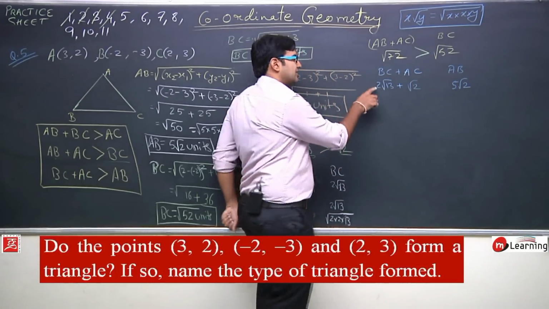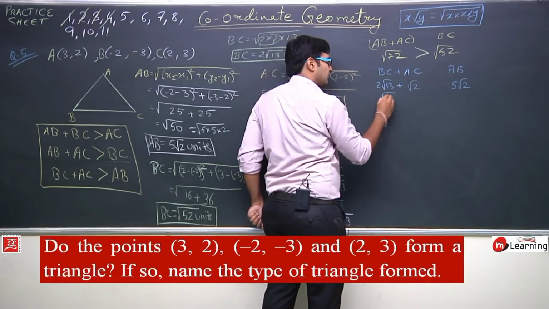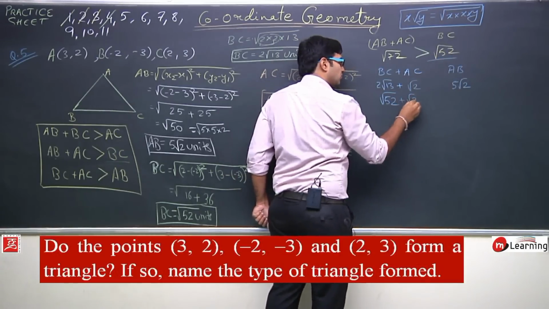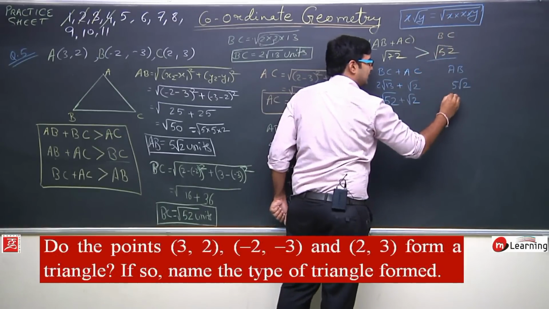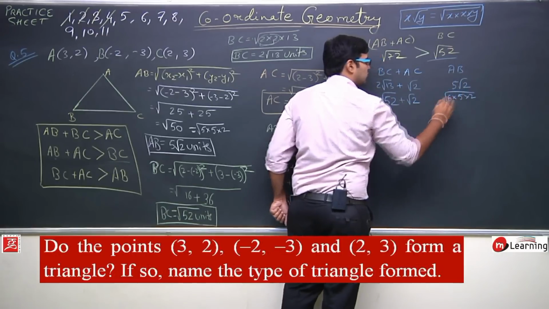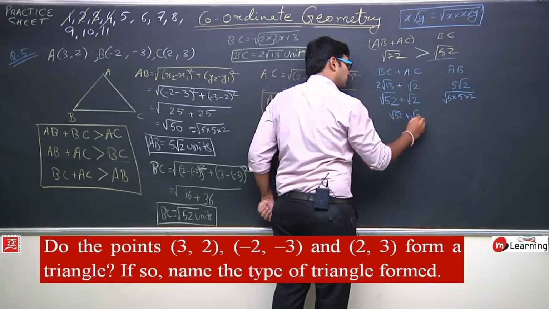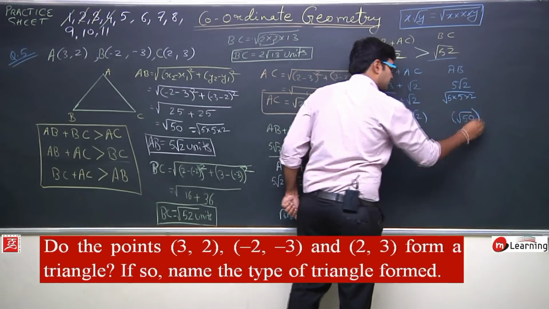Again you can very easily calculate this. How? This is 2 into √13. So I can write it as √52, as we wrote here, plus this is √2, and this 5 into √2 I can write as 5 into 5 into 2 under a square root. So this expression is √52 plus √2 and this expression is √50.